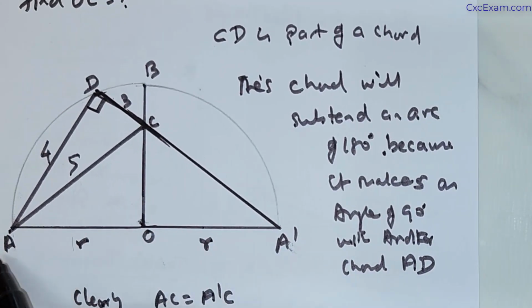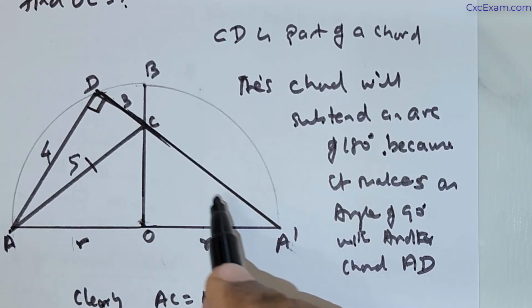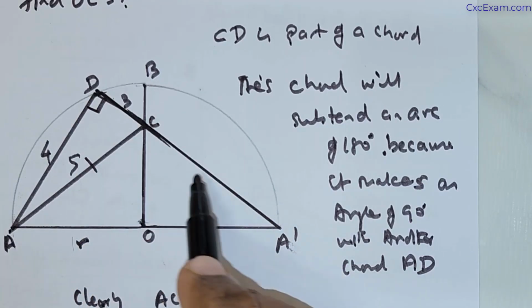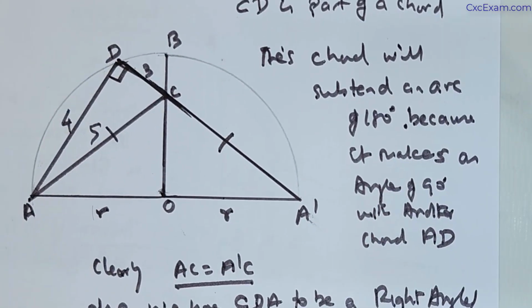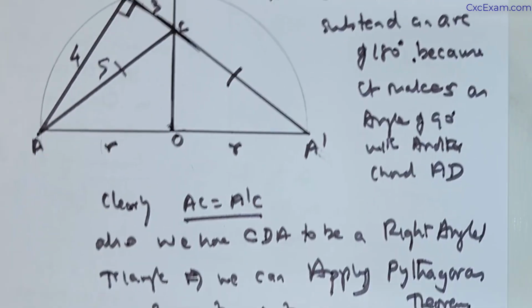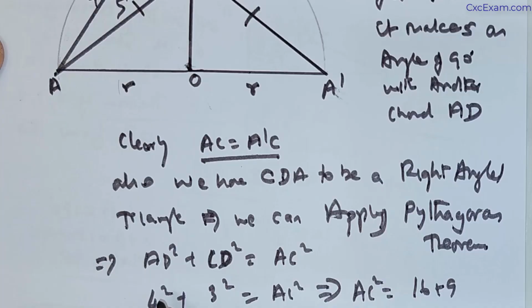Now if you were to observe here, AC and A dash C will be equal, by the element of congruency.